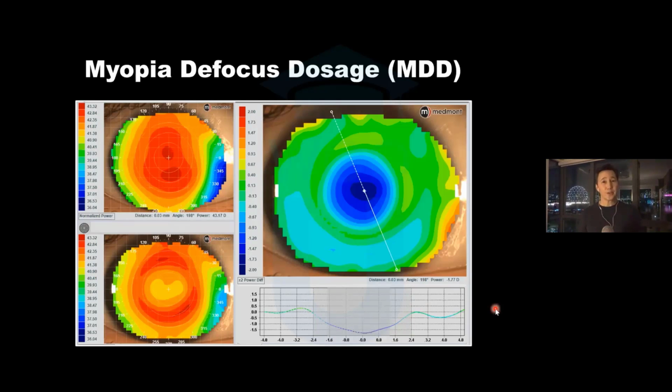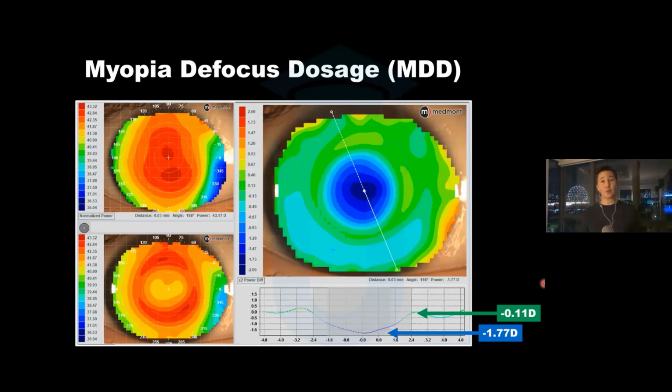Now, to understand the myopia control signal, the defocus, what we call at Pacific University the myopia defocus dosage, we want to look at that central power change, 1.77 diopters. Then we want to click our cursor on the pupil border and determine what power we are getting out there on the periphery. What's making it through the margin of the pupil right at the border?